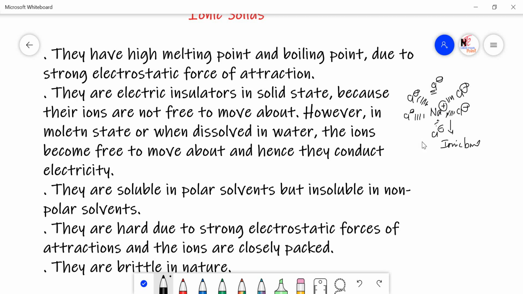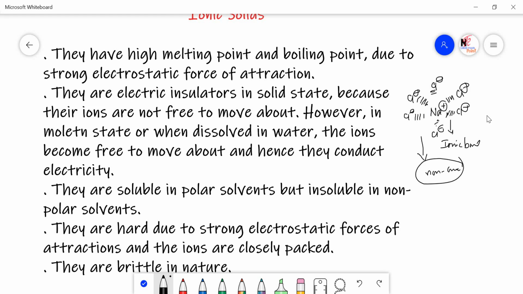These ionic compounds are completely non-conductors of electricity in the solid state, because a particular cation is surrounded by many anions, so that particular ion cannot move from its position.